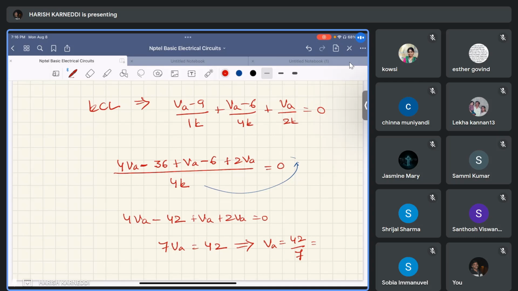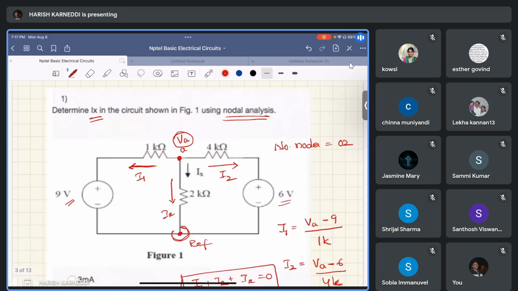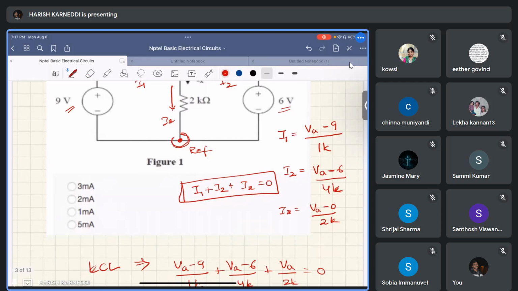What's this value? It is 6 volts, right? So VA equal to 6 volts. Then what is the Ix? Ix we already defined previously. Ix equal to VA by 2K.